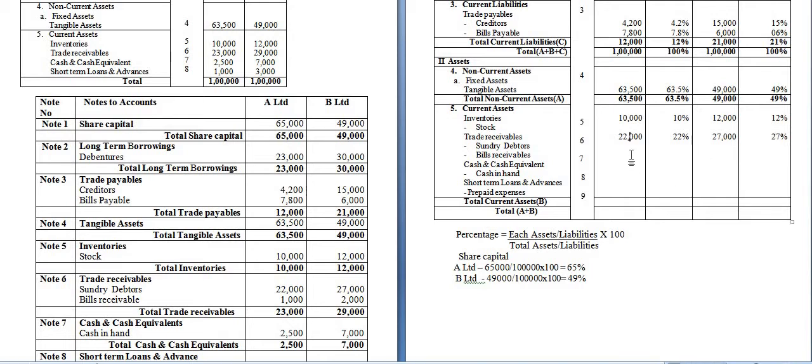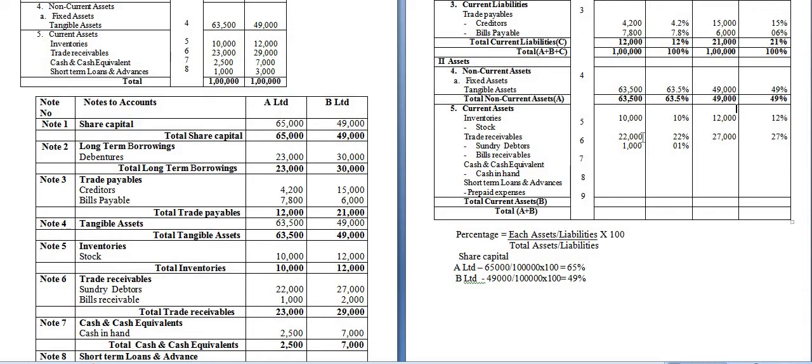Okay, next one, after sundry debtors, is bills receivable. The amount of bills receivable of A Limited is 1,000. So percentage: 1,000 divided by 1 lakh into 100 is how much? 1%.